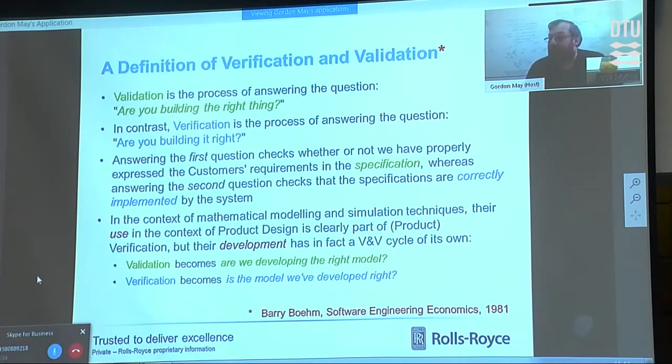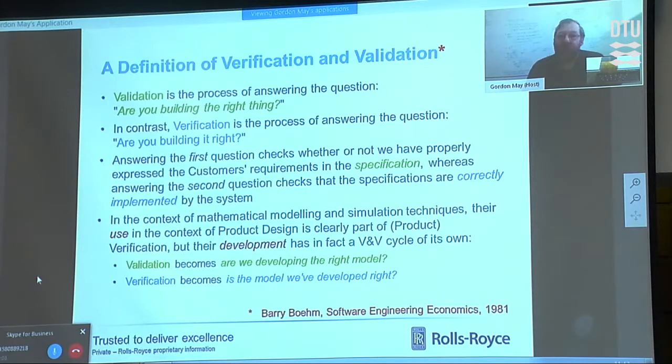If we think about mathematical modeling and simulation techniques, there are two contexts here. When we apply them as part of the design process, they're very much part of the verification stage, because we're trying to make predictions and we have to confirm those. But when we develop the models in their own right, they have their own verification and validation too.